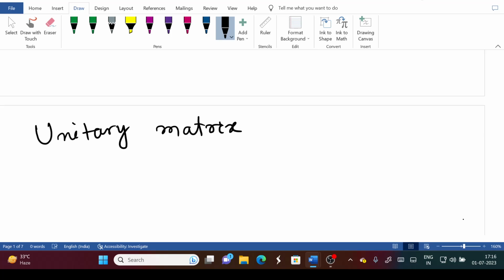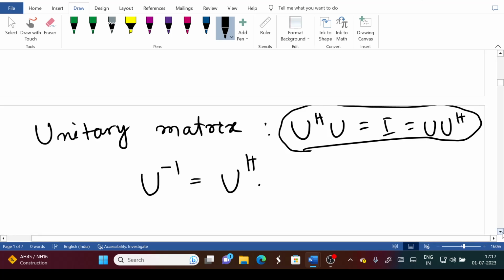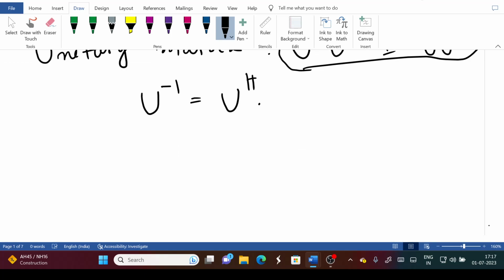So a unitary matrix has U^H U equal to I equal to U U^H. Any matrix satisfying this condition is said to be a unitary matrix. So here U inverse is nothing but U^H, and it has some specific properties.